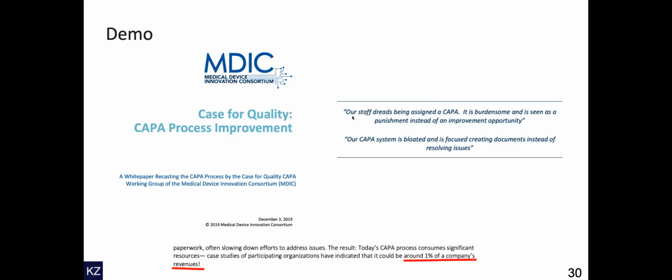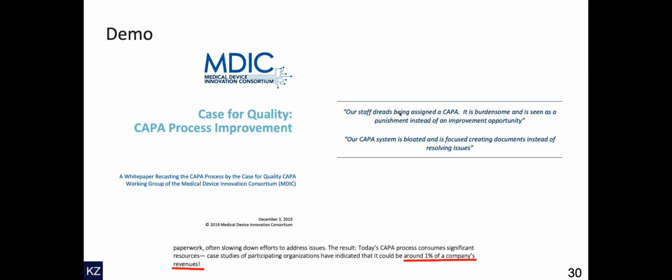So for this demo, what we have done is taken a case study of medical device industry, who spent some time on how do we improve the corrective preventive action process for the whole industry.